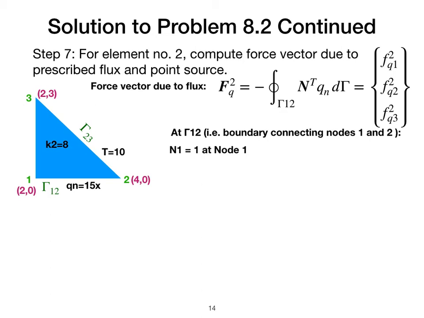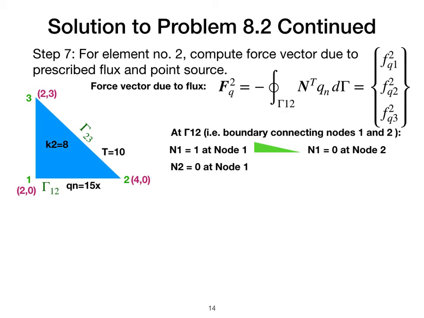We know n1 is equal to 1 at node 1 and n1 equal to 0 at node 2, and we know that at boundaries n1 is linear, so obviously n1 is a line, decreasing from 1 to 0 as it moves from node 1 to 2.